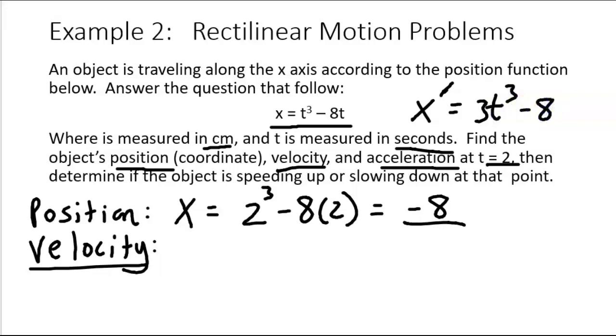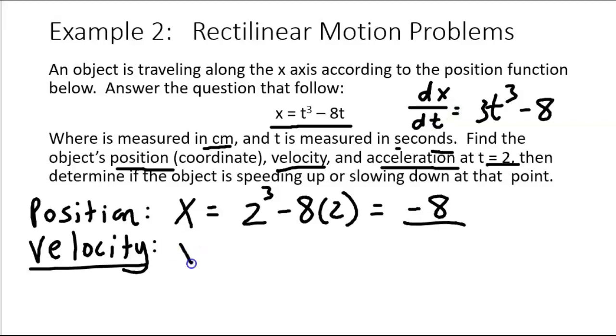Now, we don't usually see x prime. We're used to seeing y prime, because usually y is our output variable. But in this case, x is my output variable, so we're finding x prime. Another way to write this is dx/dt, how fast x is changing as time is changing.